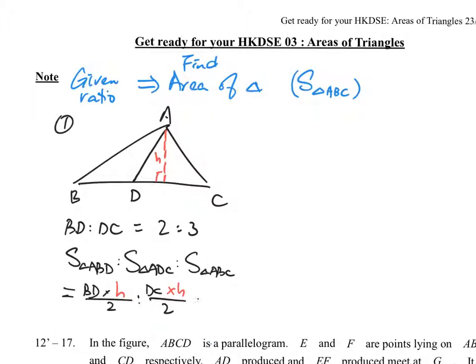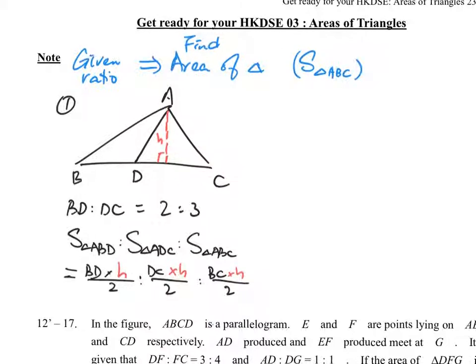And finally, you have the base BC, height H, divided by 2. When we cancel the 2s and the Hs, you see that the ratio of the areas is actually equal to BD to DC to BC.